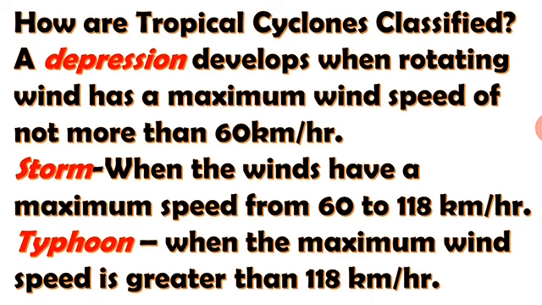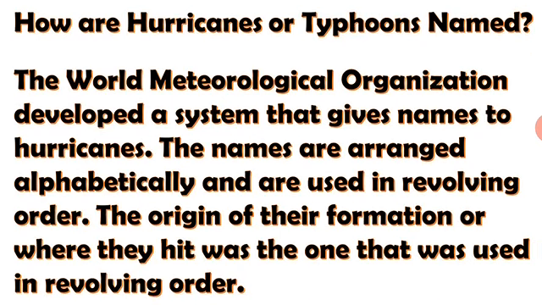So those are the differences. Depression, not more than 60 km per hour; storm, 60 to 118; and typhoon, 118 and above.